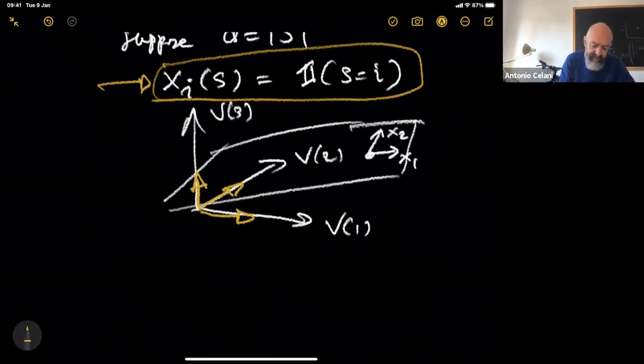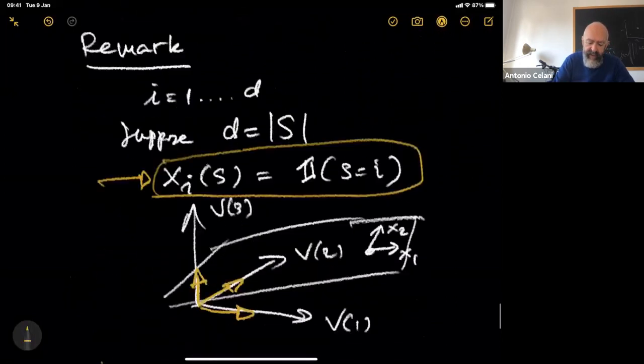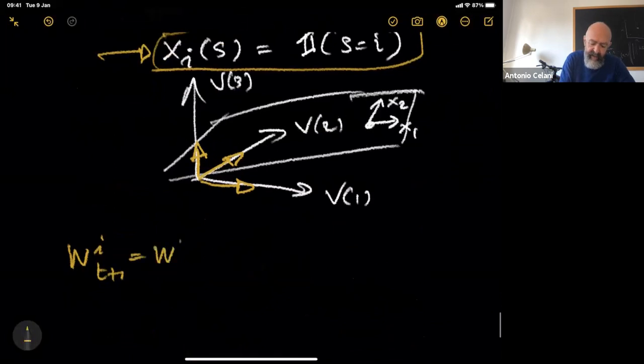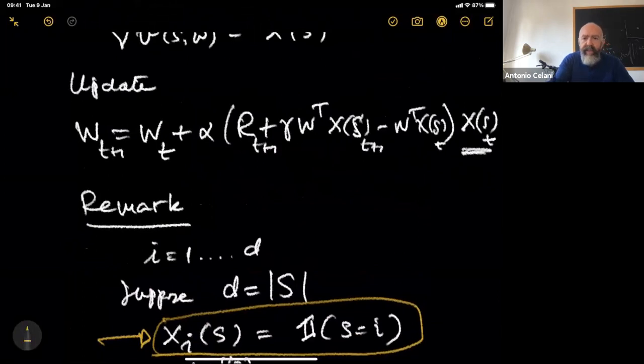I get W component i at time t plus 1 from here. I'm just replacing component by component of these vectors. This is W_i at time t plus alpha, and then I get R_{t+1} plus gamma. Now, what is this scalar product here?